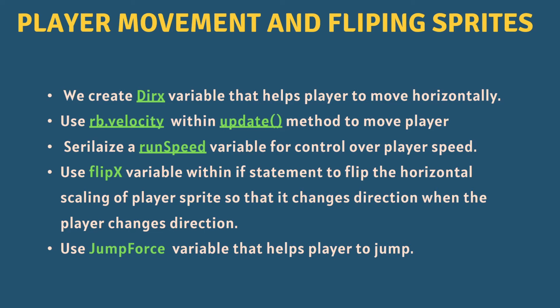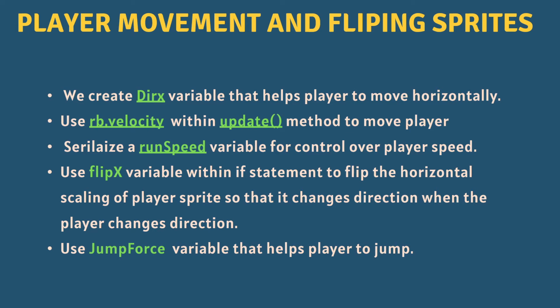Player movement and flipping sprites. So in this I will be telling you about the things we have used in our C# scripts to make a player. So we have created a directX variable that helps the player move horizontally. We have used rb.velocity within our update method to move our player.